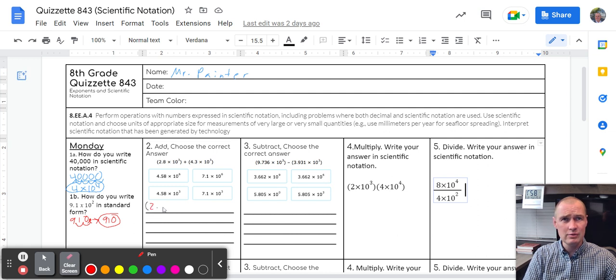So what we're going to have is 2.8 times 10 to the third power plus, open the parenthesis again, we have 4.3 times 10 to the third power. Close the parenthesis. All right, so that first step, all we did was copy down the problem. So nothing sophisticated. So if you're wondering, where should I start? What should I do? The first step is to copy down the problem.